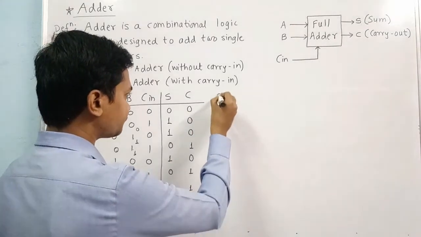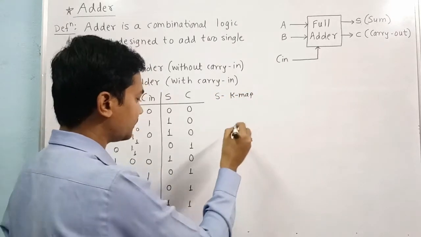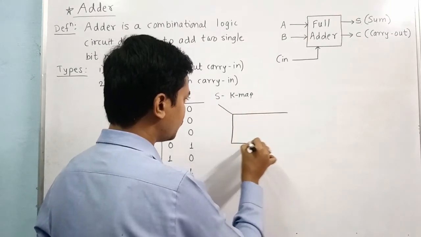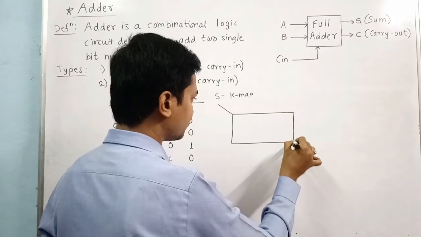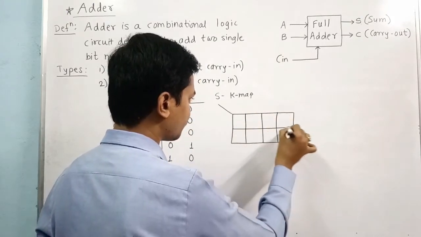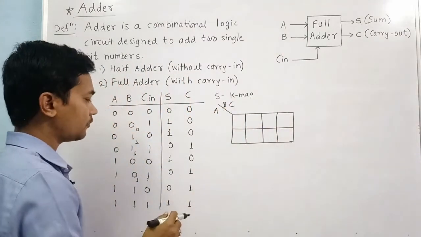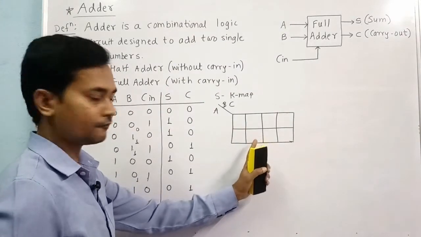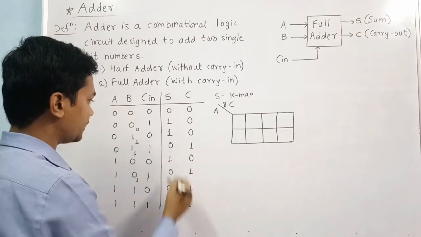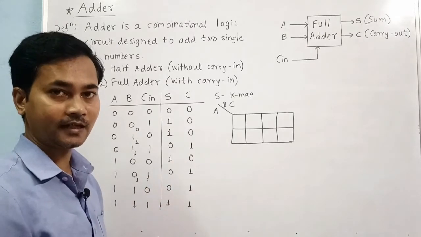So for the sum K map, we should have a 2 by 4 K map with A, B, C. Now we have to just plot the ones wherever we are getting ones in the summation column.